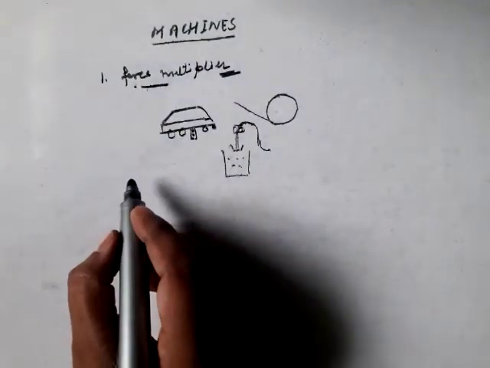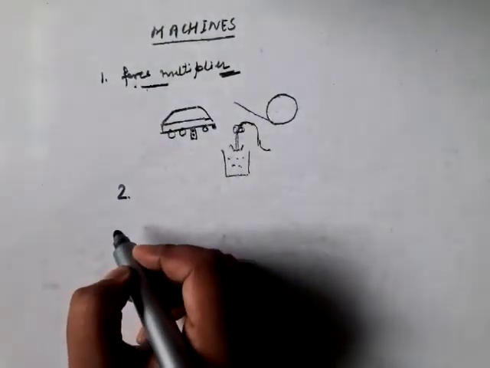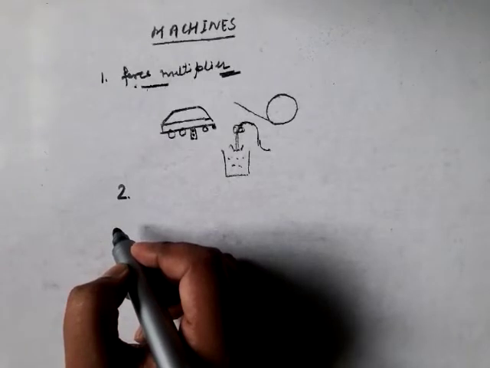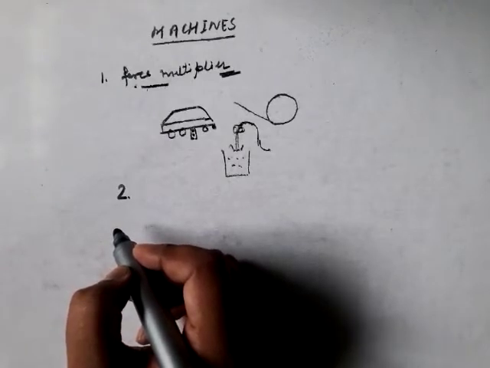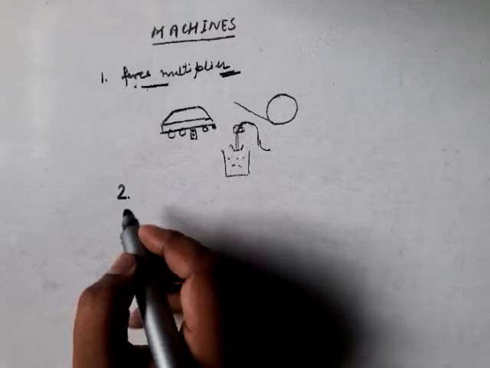Second thing, if we consider that simple machines are helpful in changing the point of application of effort to a convenient point.